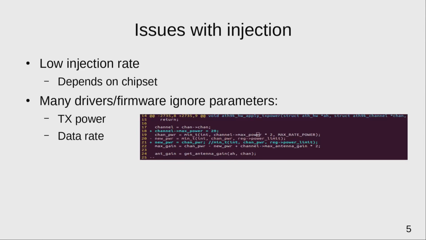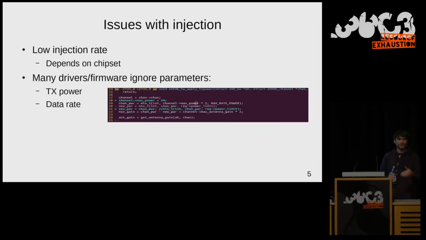Even more importantly, some devices ignored data rate requests. So I requested to send a packet at, I don't know, 54 megabits per second, and these drivers were always sending the packet at 1 megabit per second, which is not enough for video, for example. Luckily, there is one specific Wi-Fi dongle that I showed in the pictures earlier that has open source firmware.